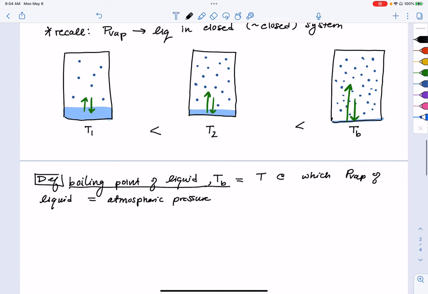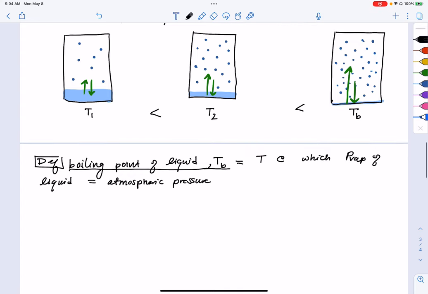So if we think about what it would take in terms of thermal energy in order to get a cup of acetone to completely vaporize, whatever pressure those acetone particles exert once they've been completely vaporized at that temperature, we call that temperature the boiling point, and that pressure, the vapor pressure, would be the same as the surrounding atmosphere.